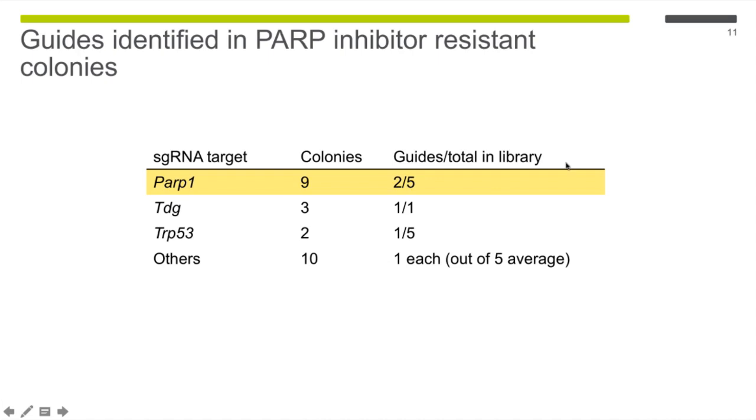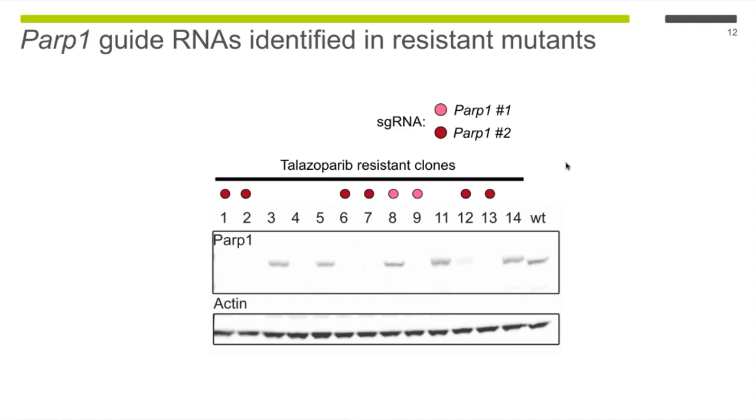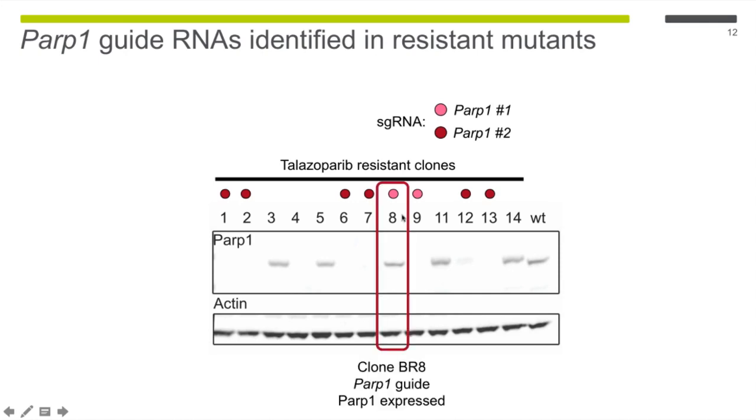So this was expected to some extent, but when I went on to look at these mutants in a bit more detail, we found something interesting. As you can see, many of these mutants lack PARP1 expression. This is what we expected, but there's one exception here where even though this mutant clone 8 has a PARP1 guide, it's still expressing PARP1.